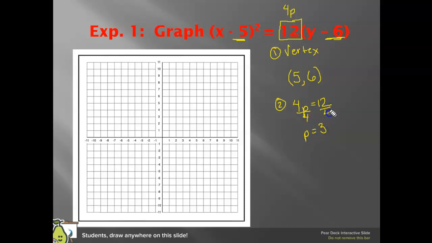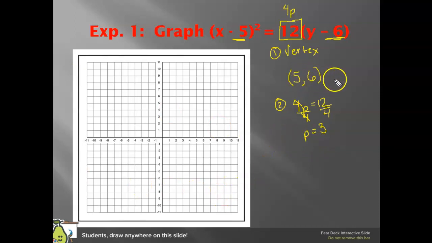So we always take that number and divide it by 4 to figure out what our p-value actually is. And that's an important number to have, because it's going to help us find the focus, it's going to help us find the directrix, and we use it to find that latus rectum, to find the other 2 points. So let's start using this information to actually graph.